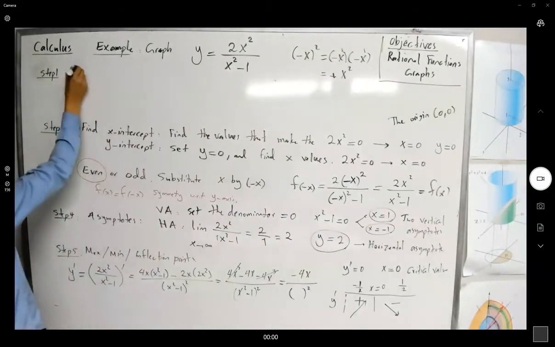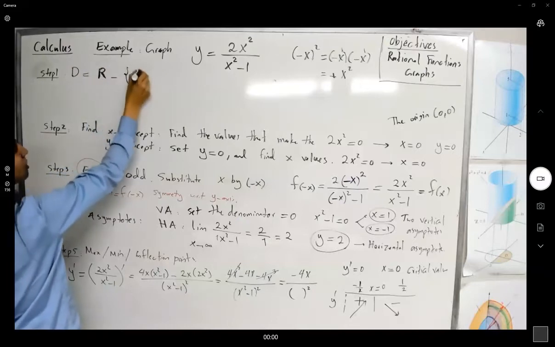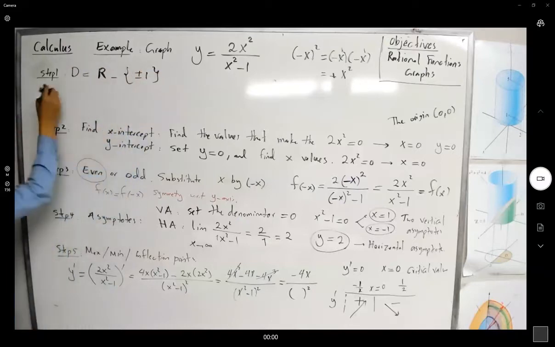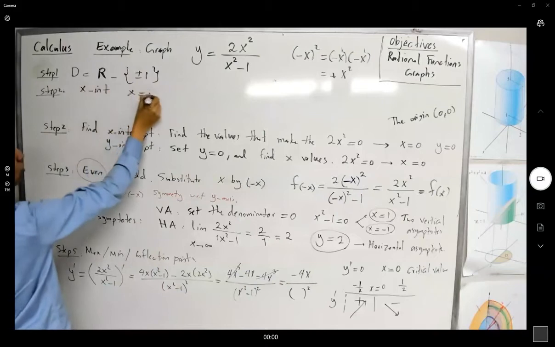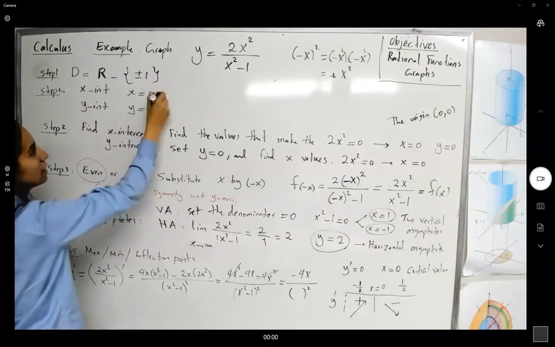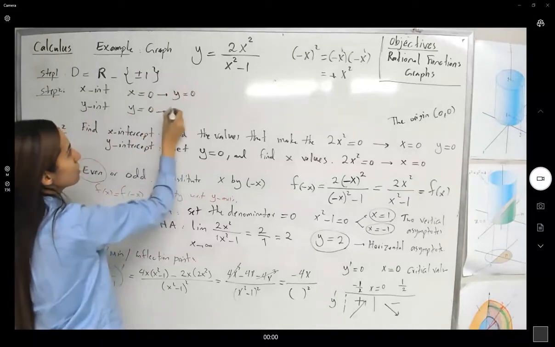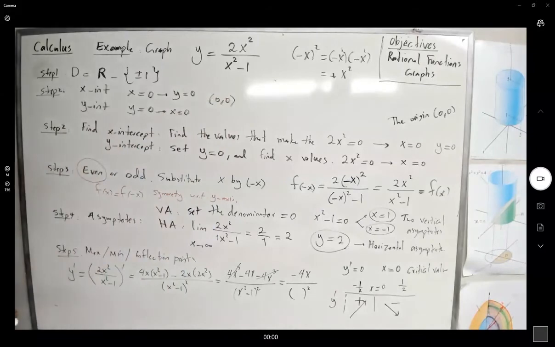So step 1, the domain is R minus plus minus 1. And step 2, define the x-intercept, which is x equal to 0, and the y-intercept, y equal to 0. At each of these, you get the same value. So it is (0, 0).